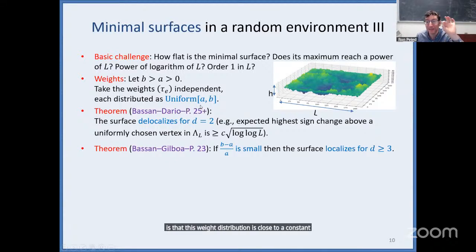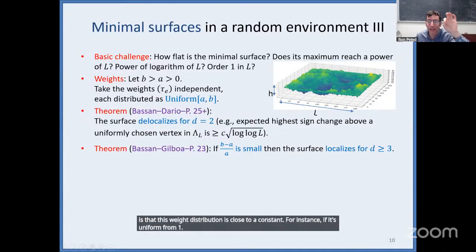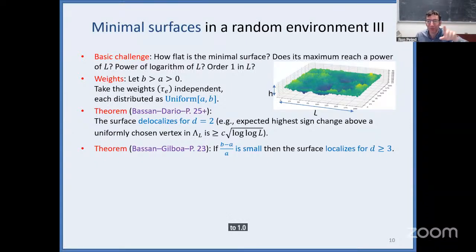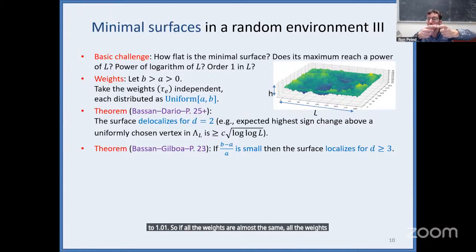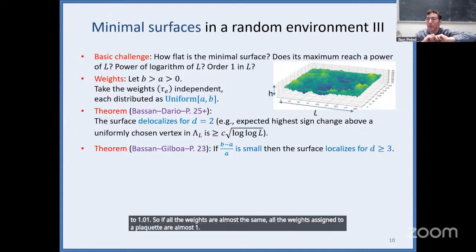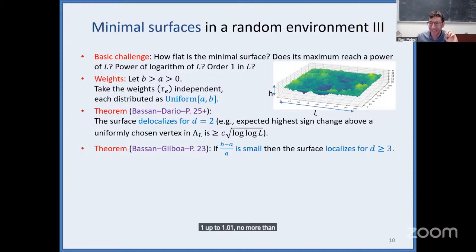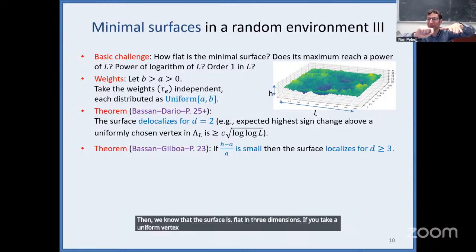For instance, if it's uniform from 1 to 1.01. So if all the weights assigned to a plaquette are almost 1, up to 1.01, no more than that, say, then we know that the surface is flat in 3 dimensions. If you take a uniform vertex, even any vertex inside, then the height is order 1.